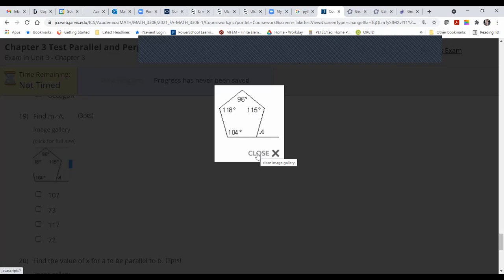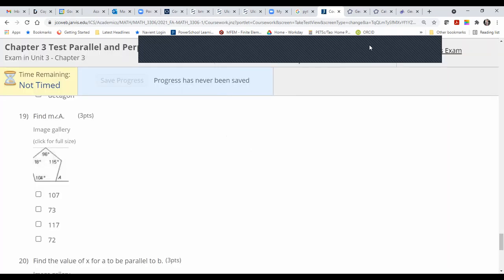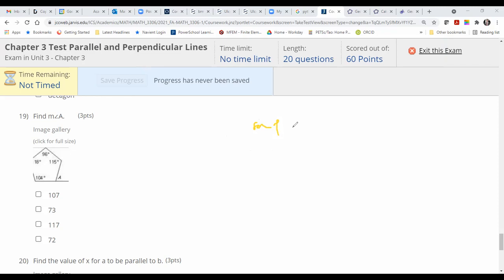Get it? Yes. So you need to find the sum of the interior angles of the pentagon. I think it's n minus 2 times 180 degrees. Yeah, you need to check the video again.